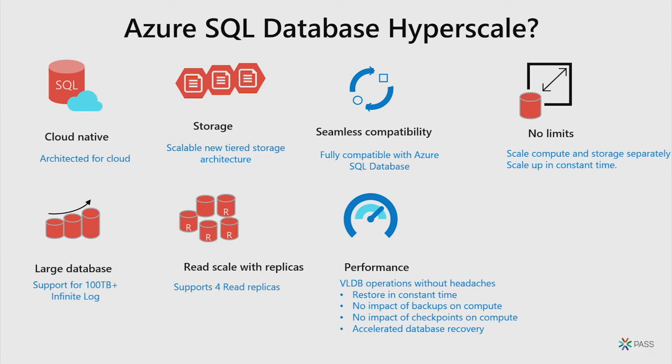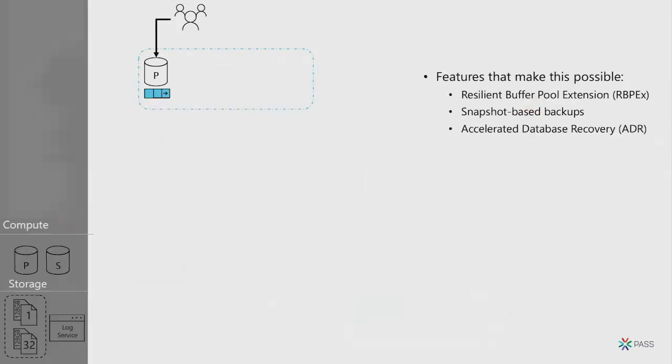Then restore is in constant time. Irrespective of the size of the database, restore is done with snapshots, so that's constant time as well. And then there's accelerated database recovery, which enables some of this quick scale up, scale down type scenarios. So if you have a long-running transaction, your scale up or move to another node is not long like it could be without it.